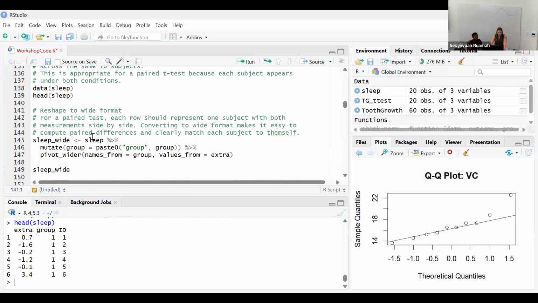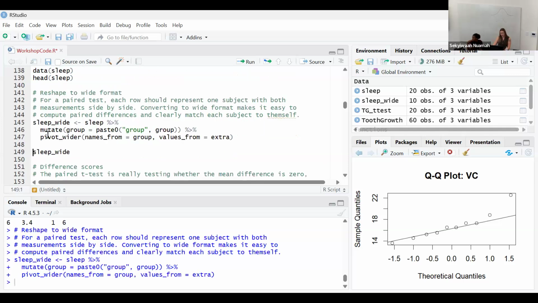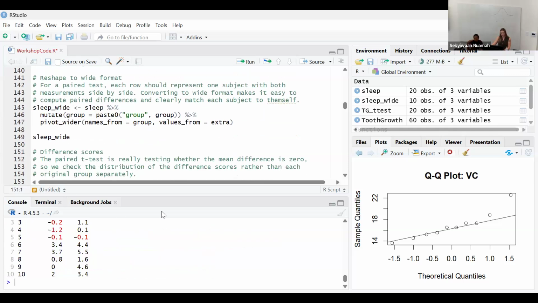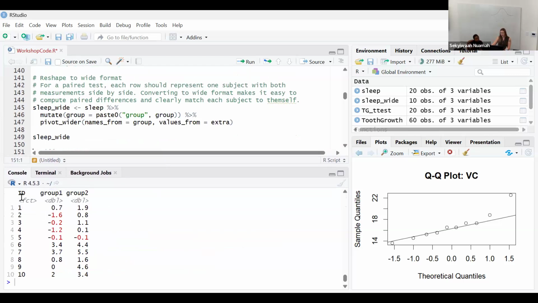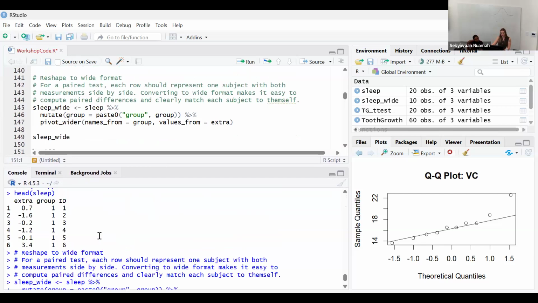Because of that, we want to put the data into a wide format to make it easier for the paired test. So let's go ahead and run that. That's all this code does, change the format of the data. It doesn't change anything about the data itself, but I'll go back and show you.